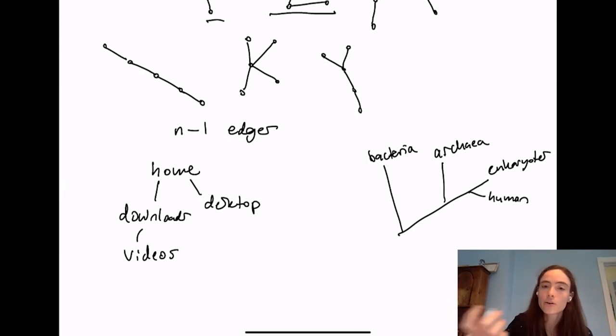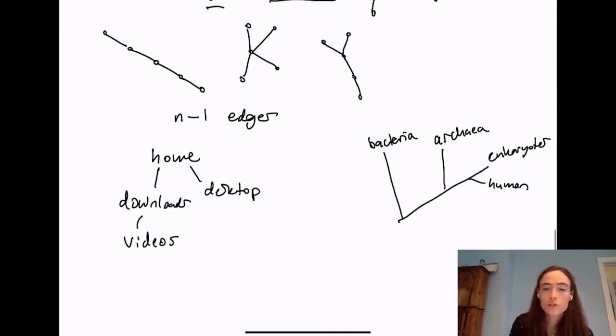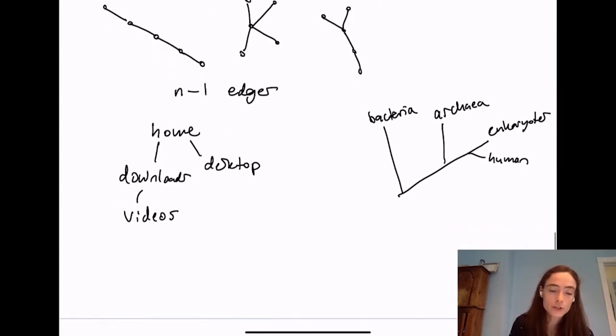So again, we have an acyclical tree structure. And so in general, any data that's hierarchical can be represented as a tree. And there is data that can be represented as a tree that's not hierarchical, but there are just many applications where the tree structure is appropriate.